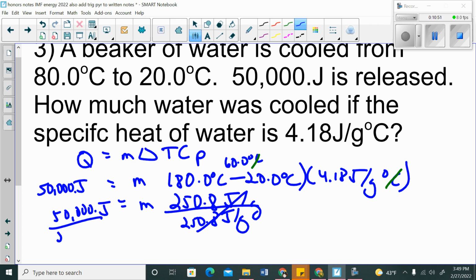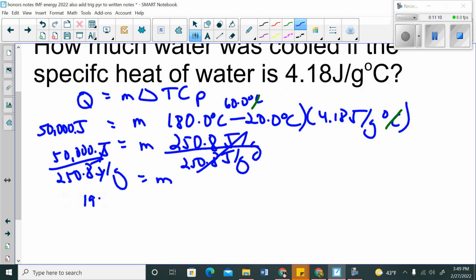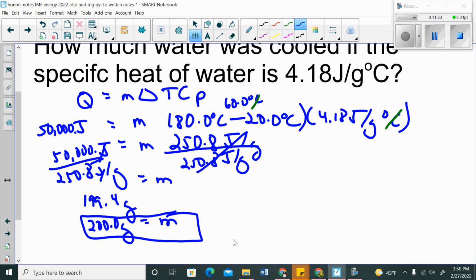The joules will cancel, and we'll be left with gram, which is what we want. So you get 199.36, let's round that, 199.4 grams. If you don't like the decimal, you could do 200.0 grams, but you do need 4 significant figures. And there's your mass.